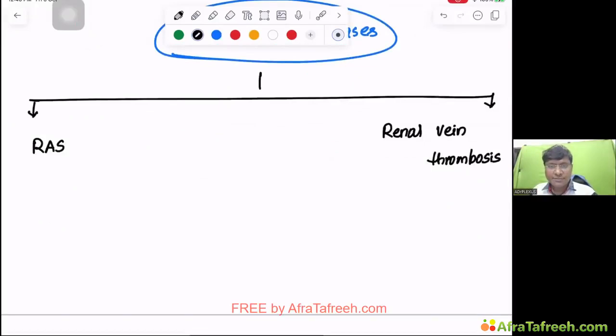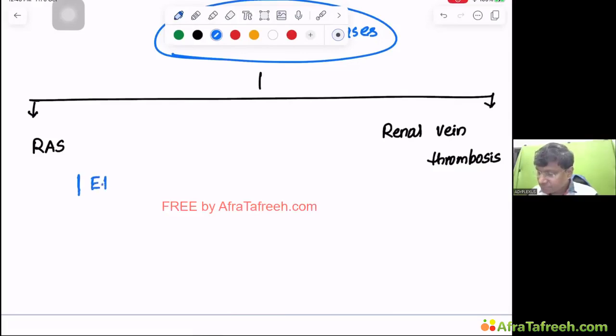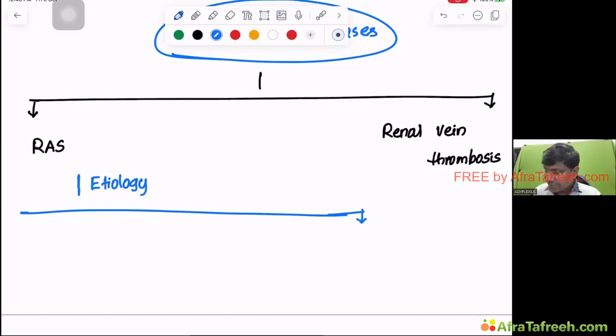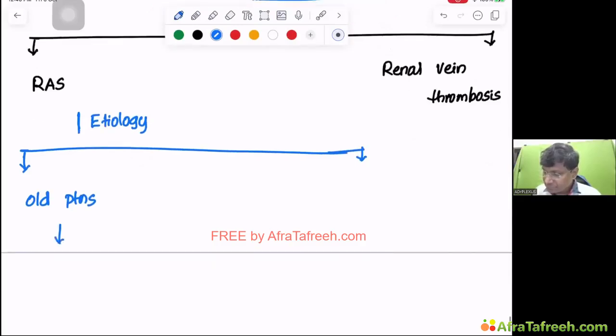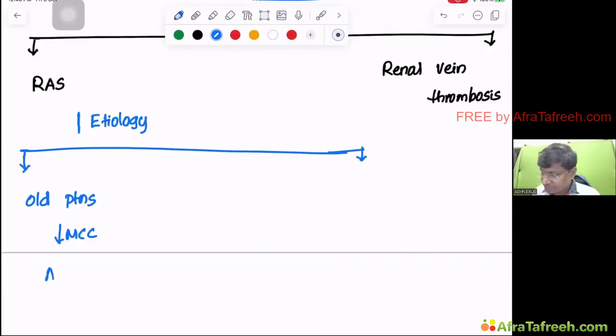So if you take the renal artery stenosis, the etiology of renal artery stenosis, if you take in old patients, the most common cause will be atherosclerosis.